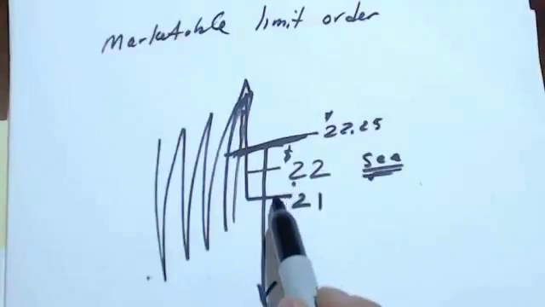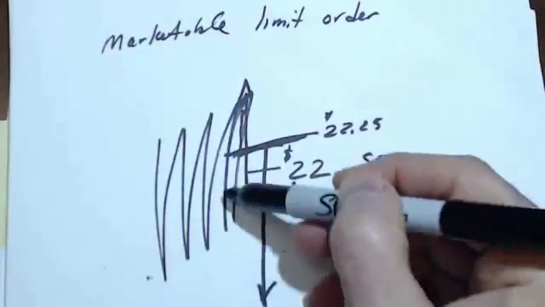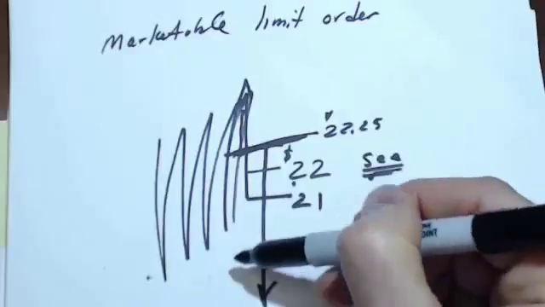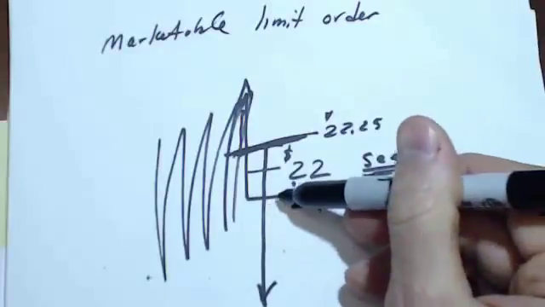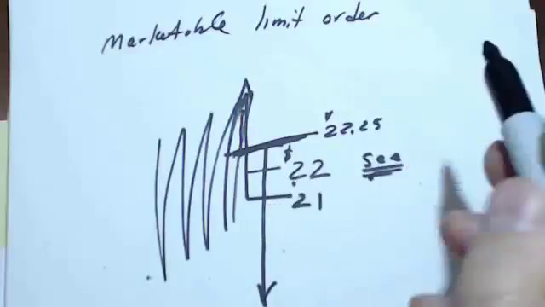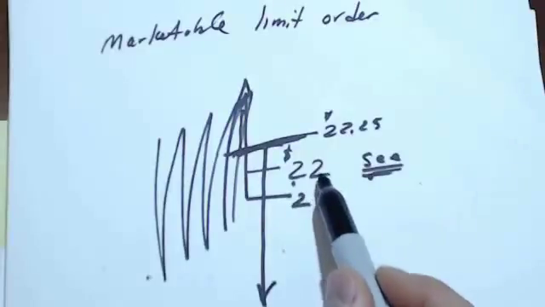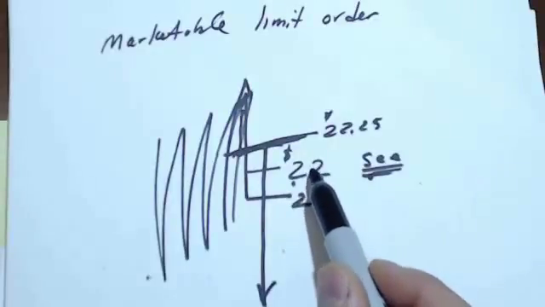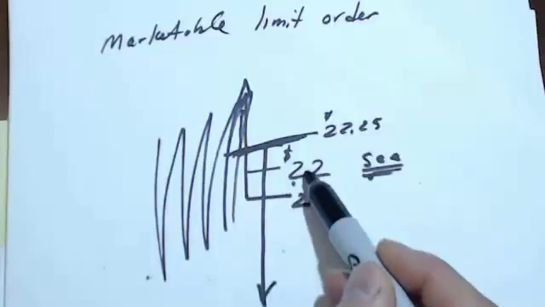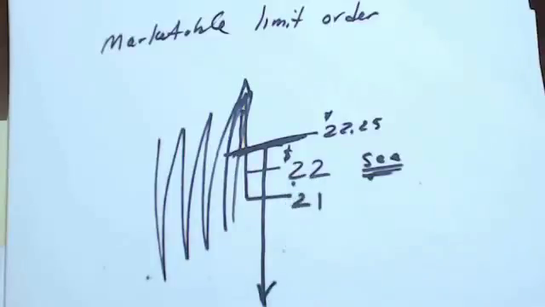The chances are it will be executed, but given the market's quite volatile, it's possible it doesn't get executed, but it's a good chance it will, because your order price is already, as you observe, at or better than the market in this case. And so that would be a marketable limit sell order. Okay.